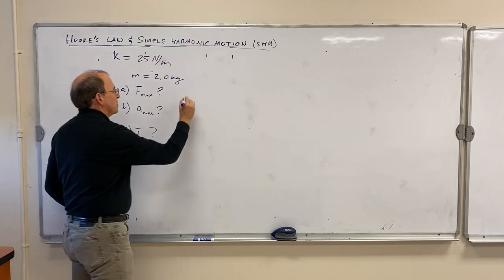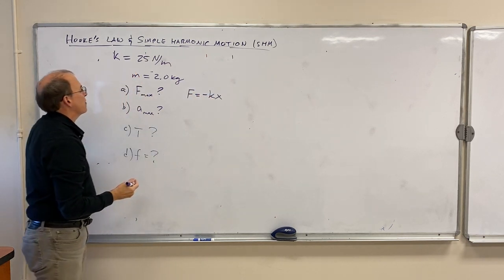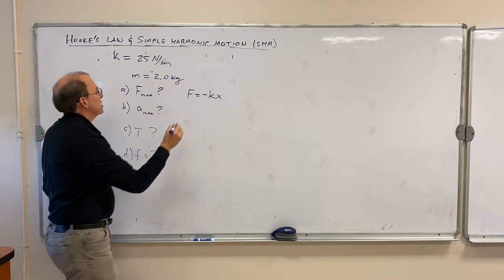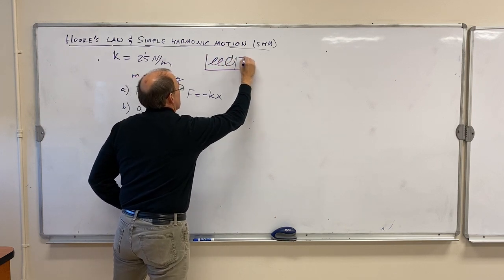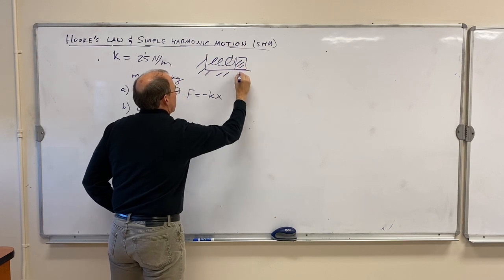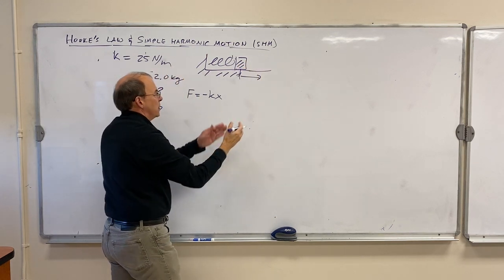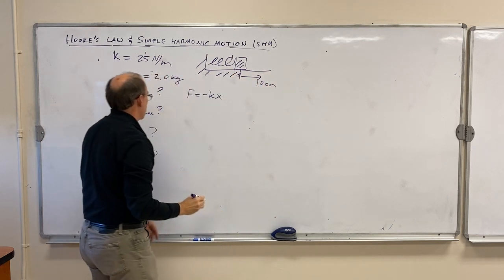F max. Well, F is minus kx, so F max depends on how far I stretch it. So I didn't give enough information. I have to decide how far I stretch it. So I've got some spring like this, and let's say I stretch it 10 centimeters.